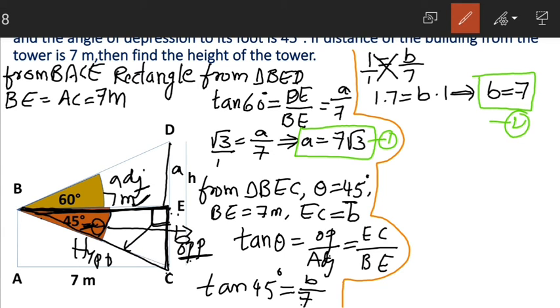Now from 1 and 2, observe that DE is small a and EC is small b.